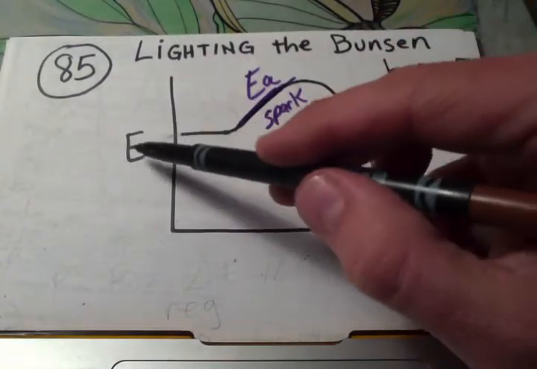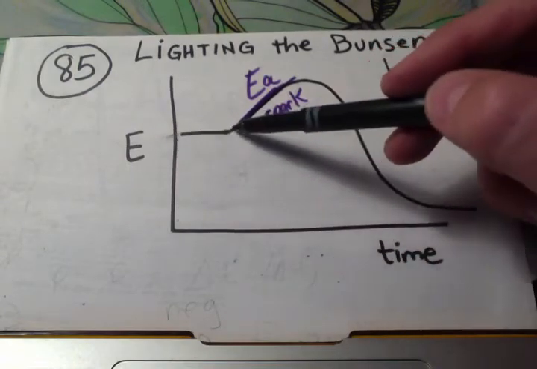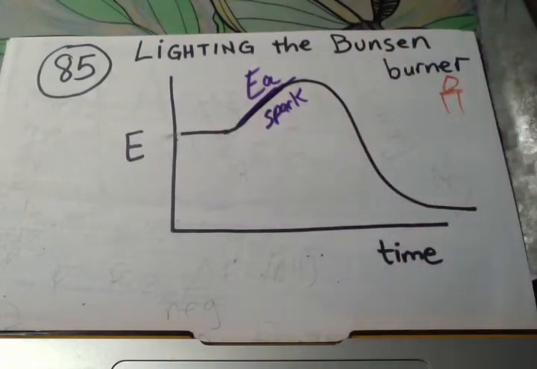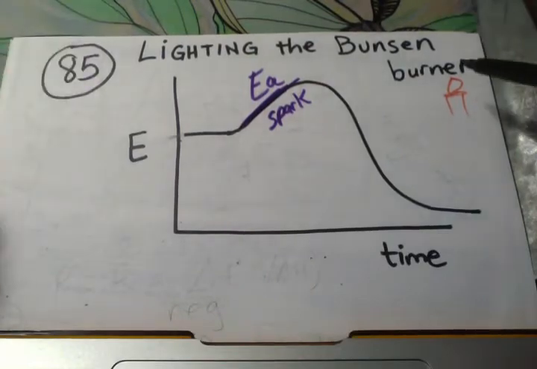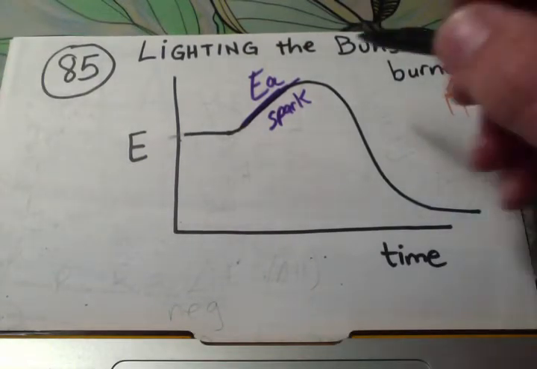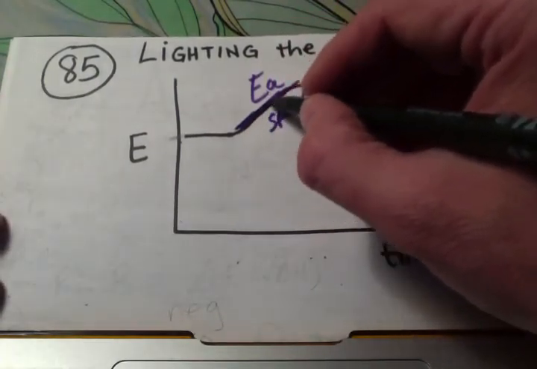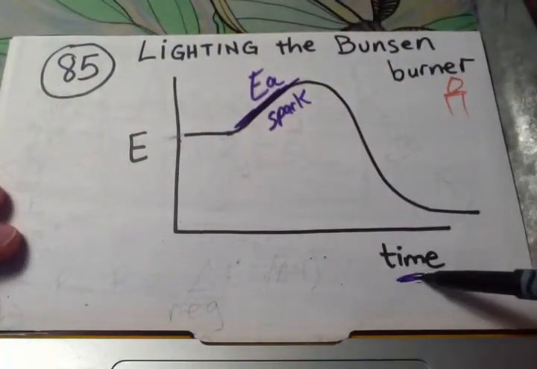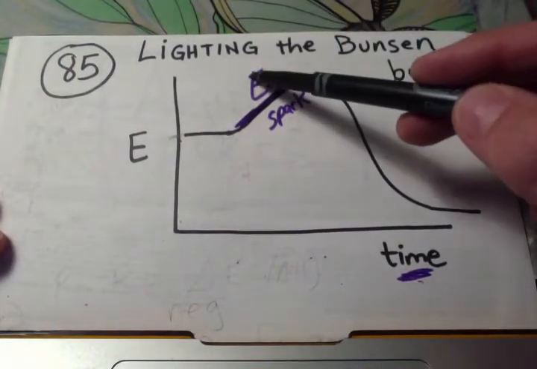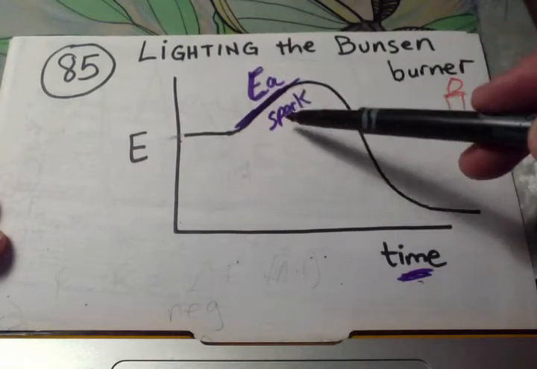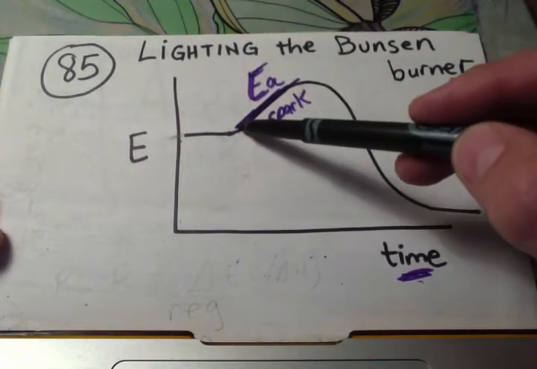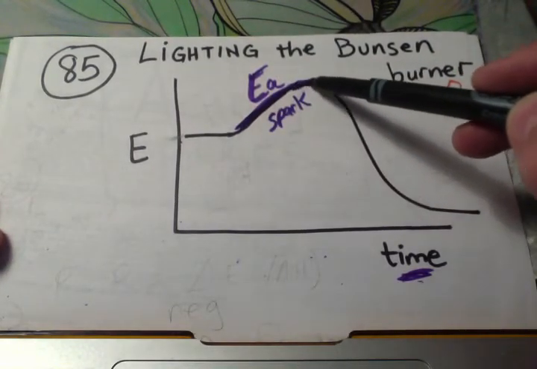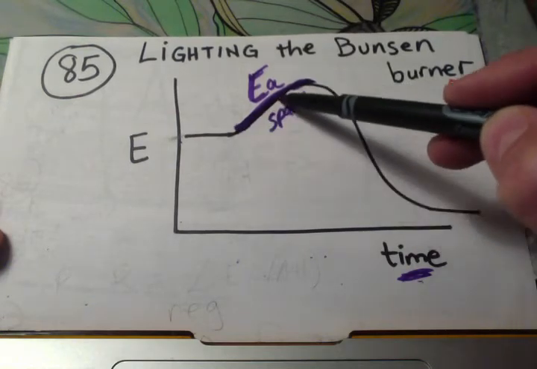All right, on this graph, if you just turn on the gas, you know what? It eventually would react with oxygen, but it's just very, very slow. We can get it to happen a lot quicker by providing the activation energy, by providing that spark. And that is this hump on this energy graph. So think of lighting your Bunsen burner.